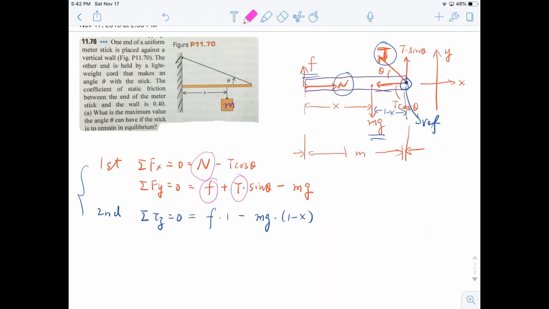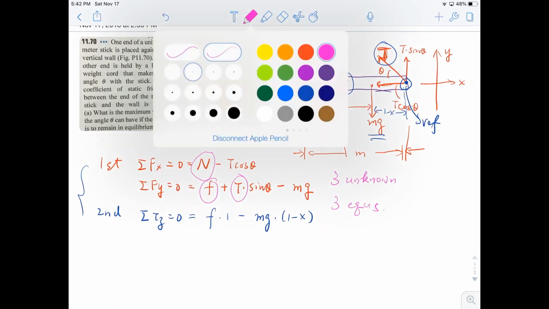So we have three unknown variables and three equations. In principle, we can solve this if all of them are orthogonal, with no degenerate equations. Okay, so let's work out the math here.